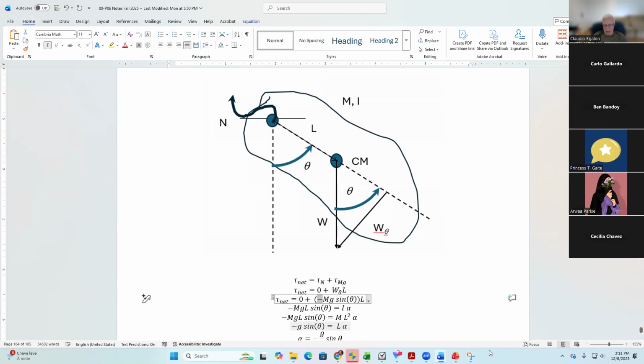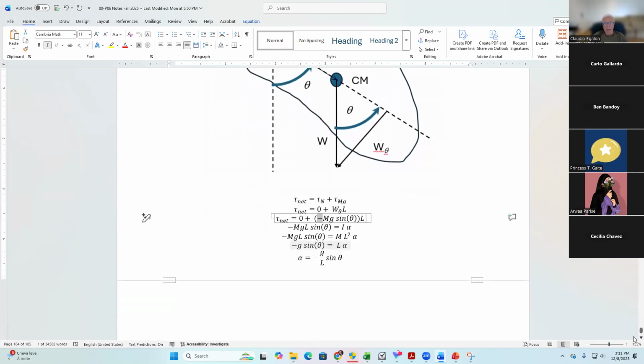That's why we have a negative sign here. So mg sine of theta, we're going to have the negative, right? The net torque must be equal to the moment of inertia times the angular acceleration.